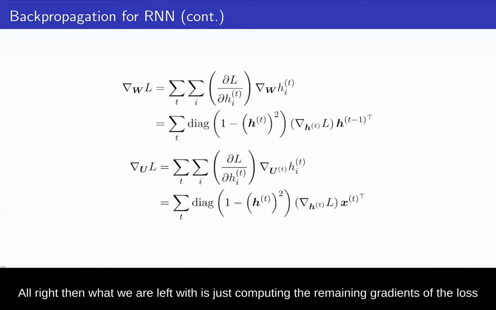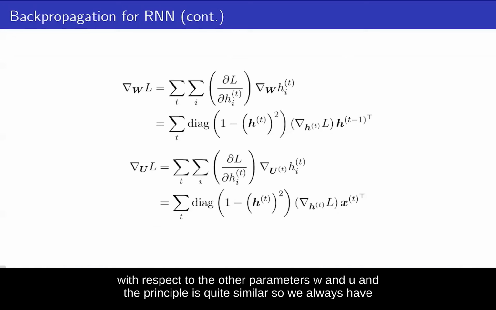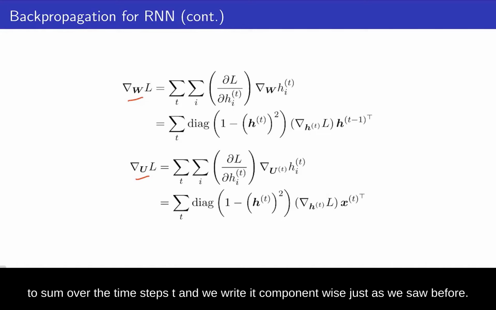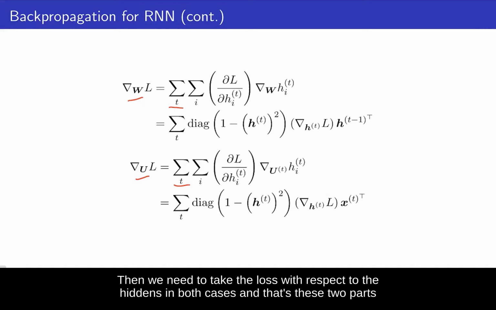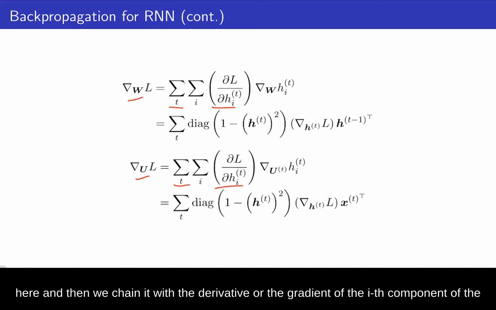All right, then what we are left with is just computing the remaining gradients of the loss with respect to the other parameters W and U. And the principle is quite similar. So we always have to sum over the time steps t, and we write it component-wise just as we saw before. So then we need to take the loss with respect to the hiddens in both cases, and that's these two parts here.